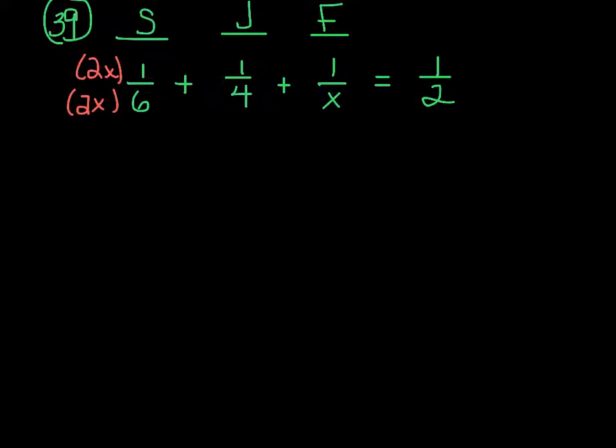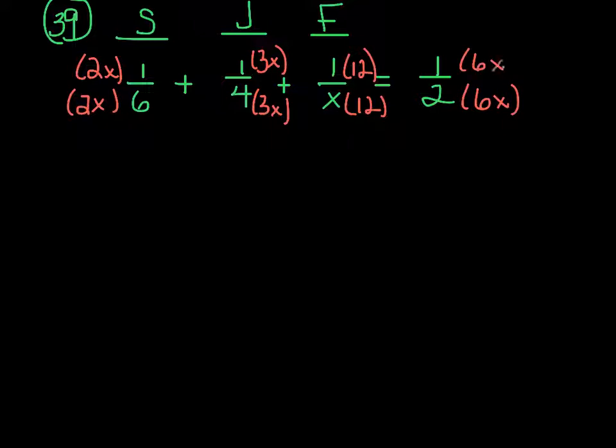The second denominator then would need a 3 and an x. So would the numerator then. Okay, the last fraction to the left of the equal sign would need a 12. And then this one over here would need a 6x and a 6x, right? Okay, so we found a common denominator.